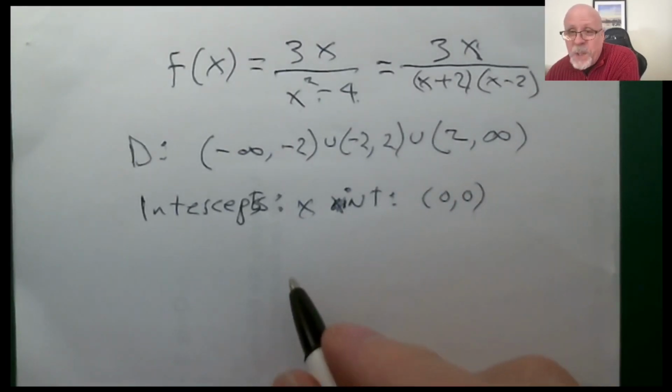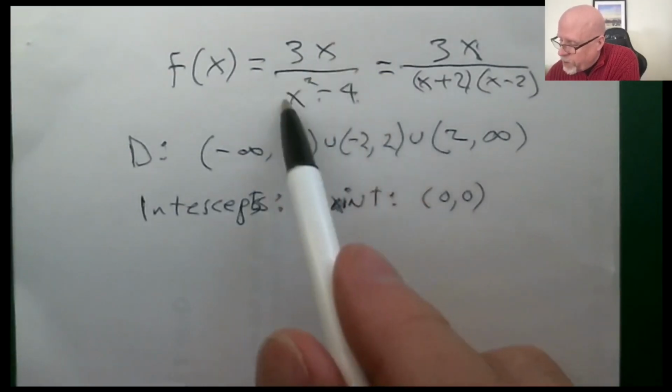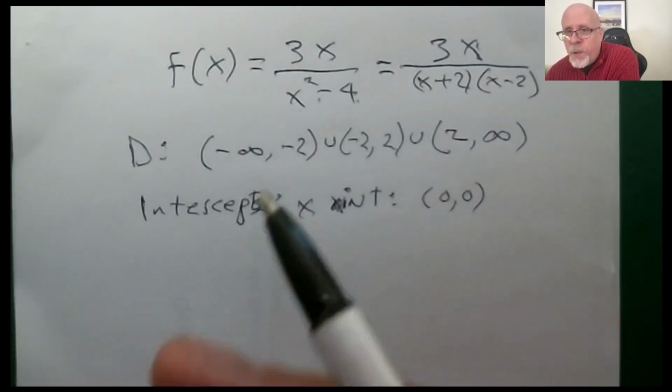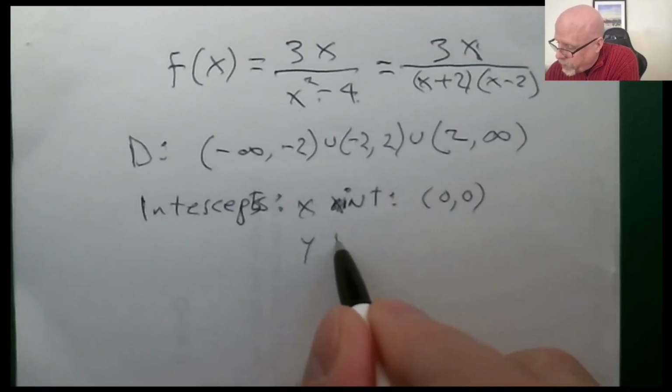It turns out that's the only y-intercept there is too. If you plug 0 into this function, you're going to get 0 in the top and negative 4 in the bottom. So 0 over any number is 0. So the y-intercept is also 0, 0.